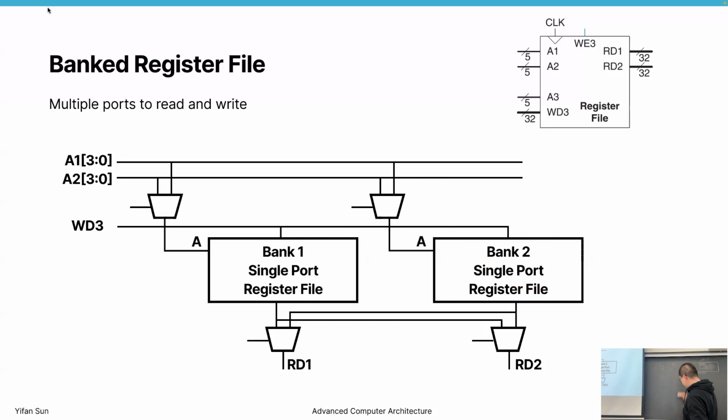For most of the hardware design, we will write, say, register 0 will go to bank 0. Okay, then register 1, we go to bank 1. And let's just say 2-bank system. Register 2 will go to bank 0 again. Then register 3 will go to bank 1, and so on.